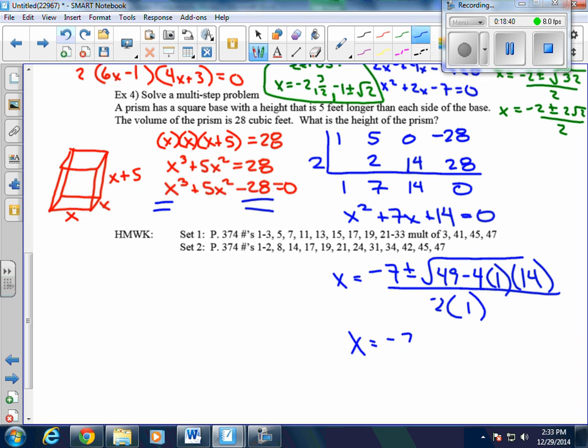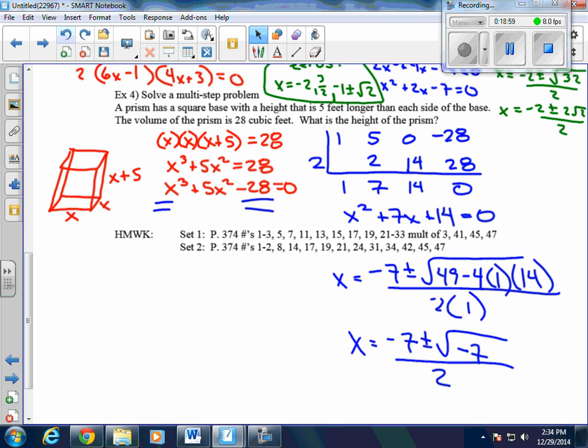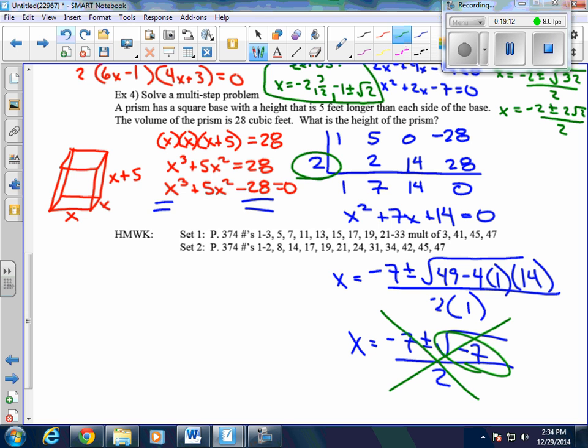So x equals negative 7 plus or minus the square root of 49 minus 56, and 4 times 14 is 56. So that is going to be negative 7, over 2. Now, as soon as I get here, I can stop because I know that with this negative number in here, that's going to be an imaginary number. So this is not going to work. None of this will work. So we know that x must be 2.